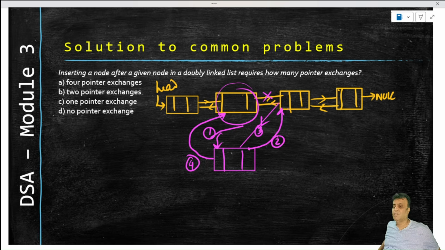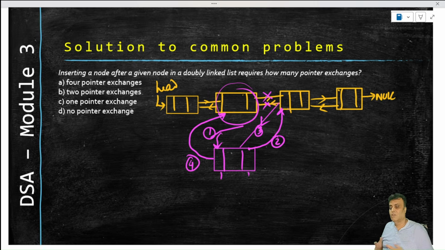The best way to remember is that you are eliminating 2 pointers here, so you will have to adjust 2, right? And of course, because your new node also has 2 pointers, you need 2 more. Because you have to eliminate 2 pointers and adjust them, that means there is a pointer exchange going on. And because you yourself have 2 pointers, those 2 pointers would also need to be adjusted.